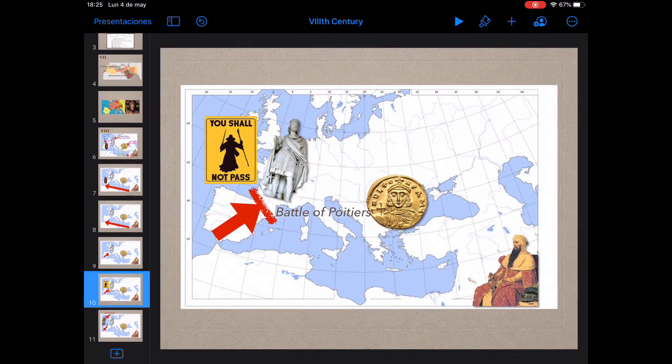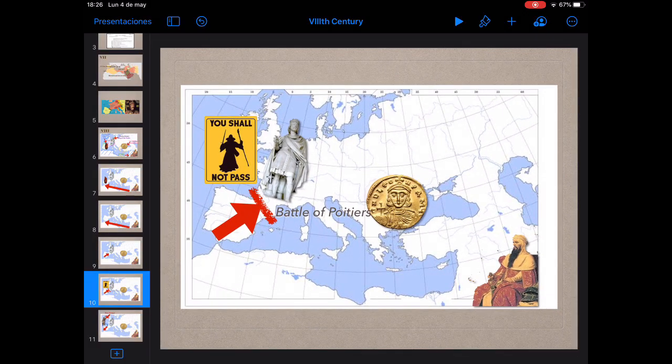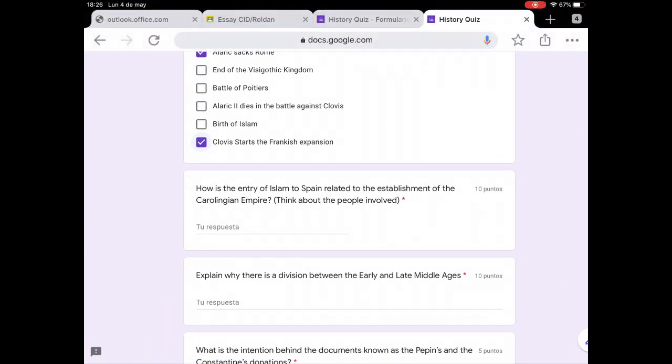Remember that the Islamic State was trying to enter France, but Charles Martel, who was Charlemagne's grandfather, is going to defeat them in the Battle of Poitiers. And remember that I even told you that the clue over here was to remember the Lord of the Rings, because just as Gandalf stopped the Balrog, Charles Martel stopped the advance of the Islamic State.